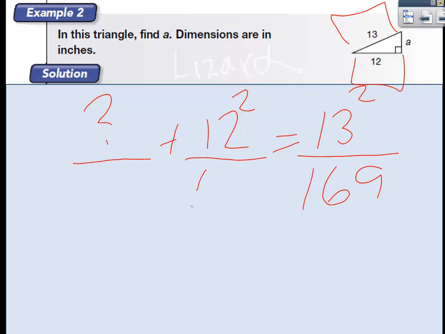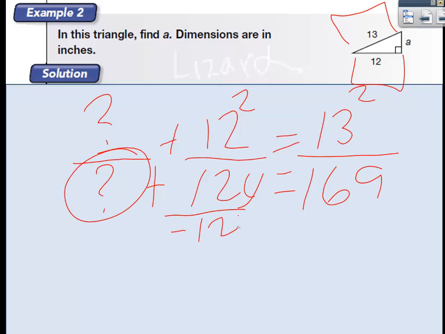And 12 squared is 144. So now we know that our missing leg squared plus 144 equals 169. So we have to isolate this. We're going to subtract 144 from both sides. That's 5, and that's 4, 45. Did I do that right, or did I make a mistake?